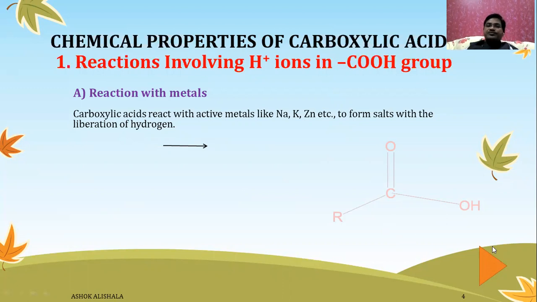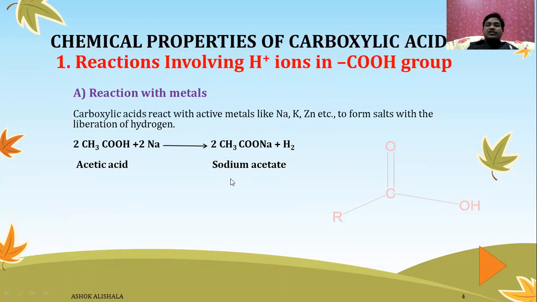The liberation of hydrogen on reaction with active metals is a property of acids. Acetic acid reacts with sodium metal to form sodium acetate and liberate hydrogen. This is acetic acid, and this is sodium acetate. This is the reaction with metals.